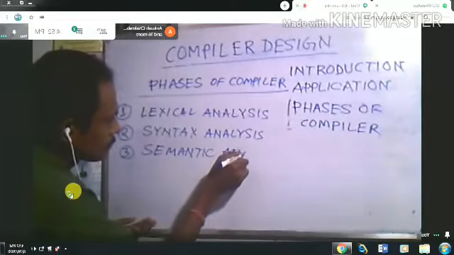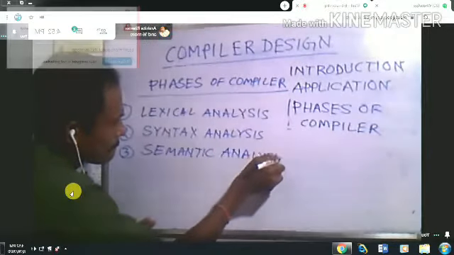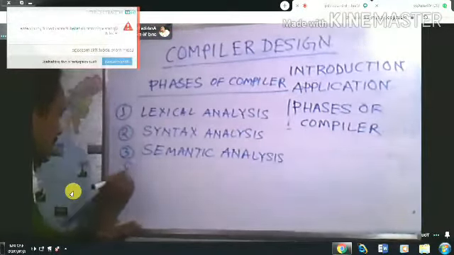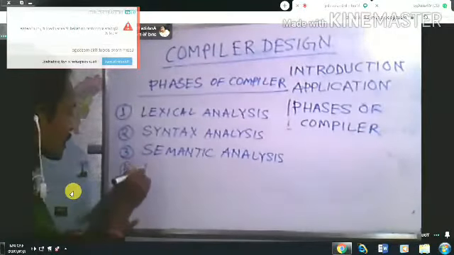Number four is intermediate code generation.